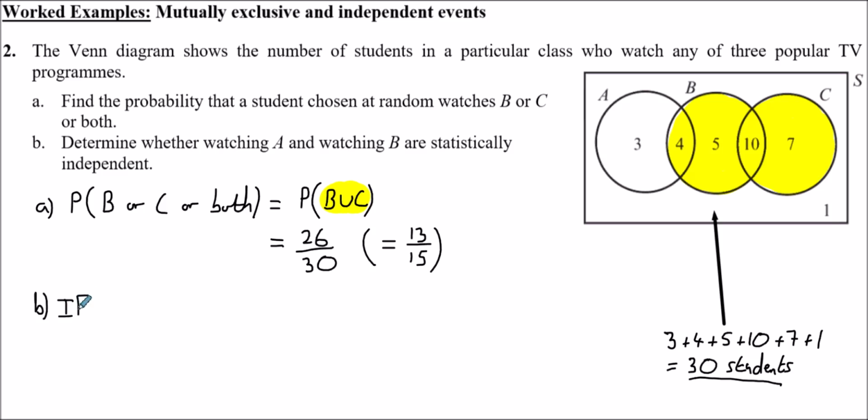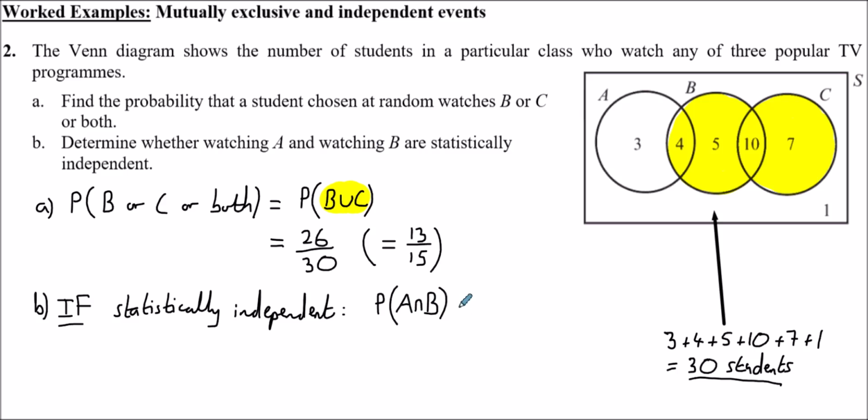If 2 events are statistically independent, then we can say the probability of A and B, the probability of the intersection, should equal the product of the separate probabilities. So it should equal the probability of A multiplied by the probability of B.